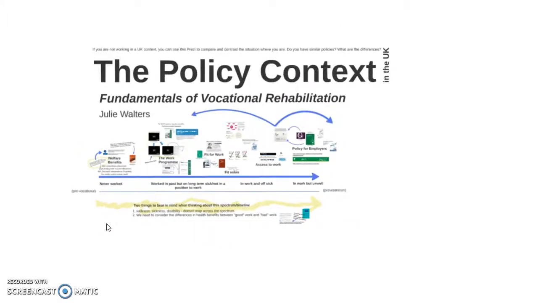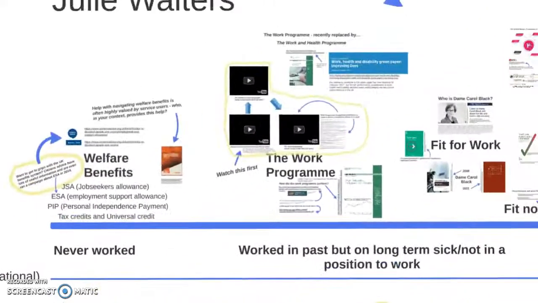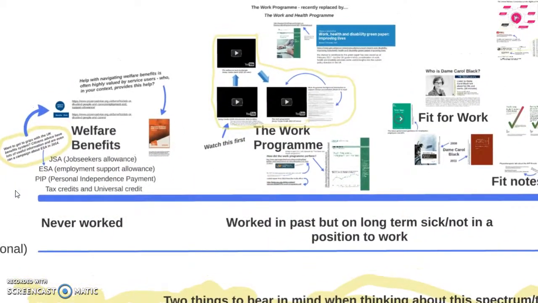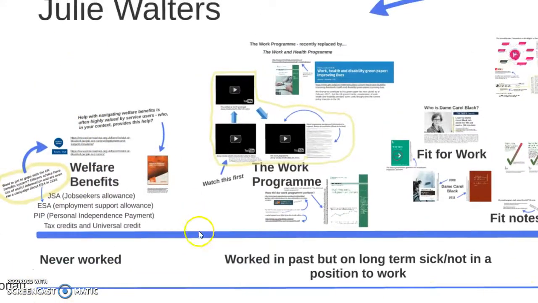We've based it on the timeline around people who've never worked to people who are in work but are unwell, so that it follows the whole theme of the module. And what Julie has done is she put some of the history. There's elements of history here, and there's also current policies, to see some of the things that have happened in terms of policy with the government and various documents that have been written.